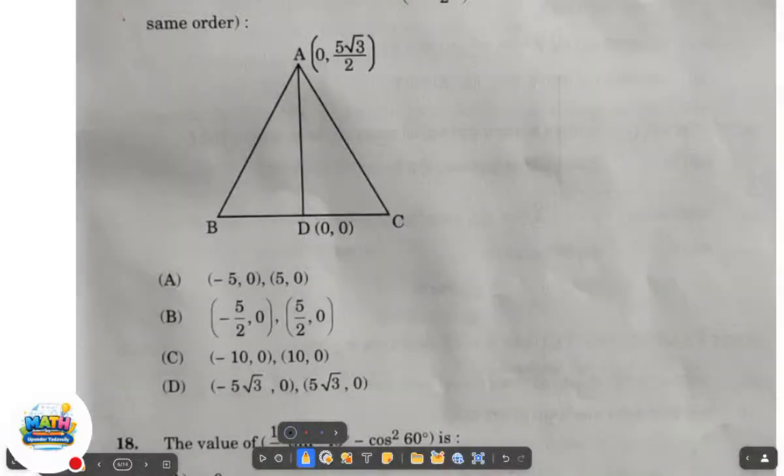Okay, so let us take B as minus 5 by 2 comma 0.